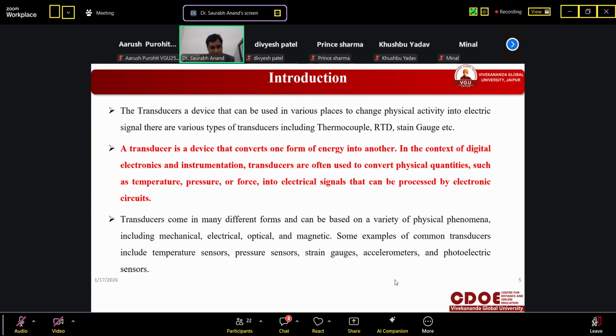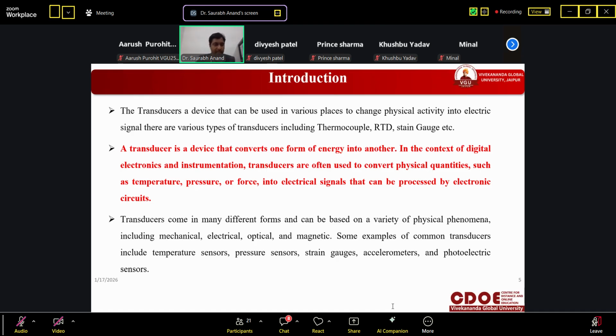Because the signal was converted into another form, which was sent to that machine or displaying device, and it is visible to us. So everything is being converted from one form to another. Transducers are actually those devices.